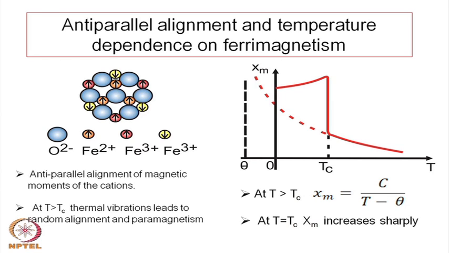Here, again, we have discussed these things earlier, but this is a pictorial representation of what we have already discussed in the case of ferrites. This is the antiparallel alignment of magnetic moments of the different cations. For example, if it is a Fe3O4 structure, you have Fe2+ in the octahedral structure here.